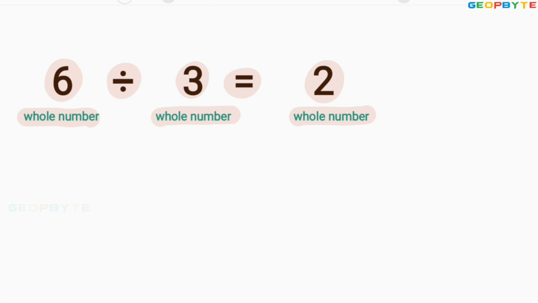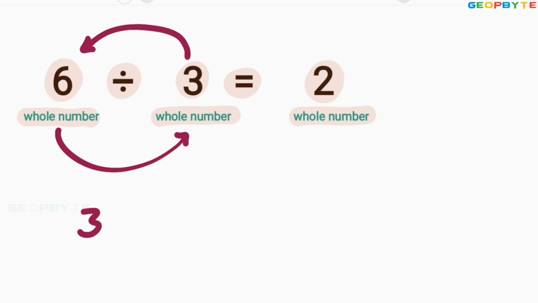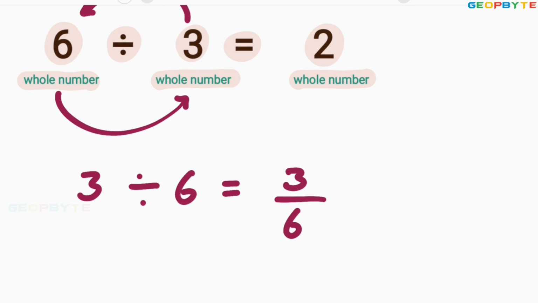Condition is satisfied. Now what you do? You interchange these two numbers. 3 is a whole number divided by 6 is a whole number. But this is equal to 3 by 6, which is a fractional value. A fractional value does not come under whole numbers.